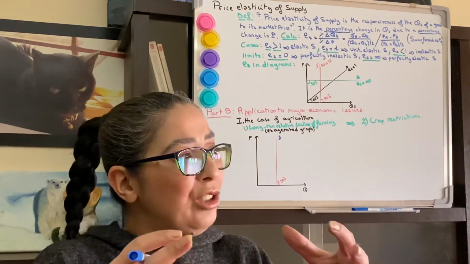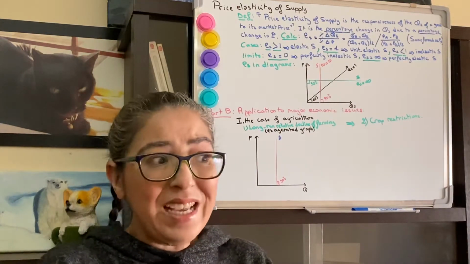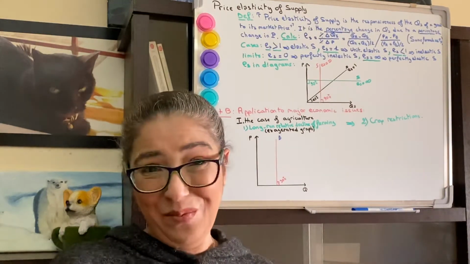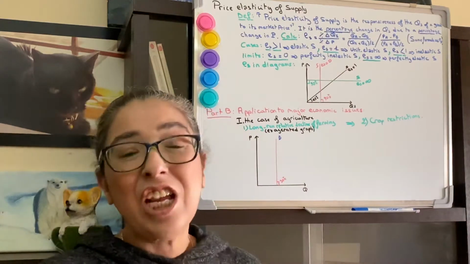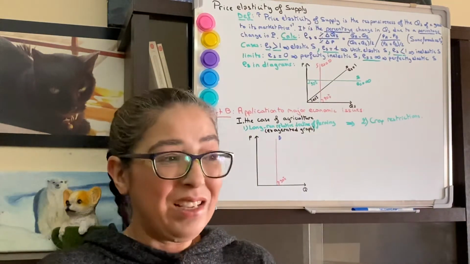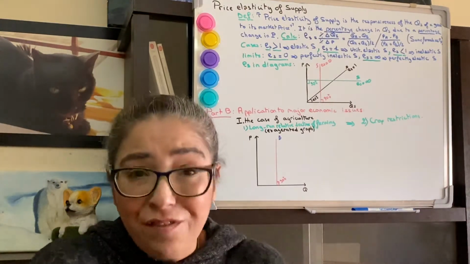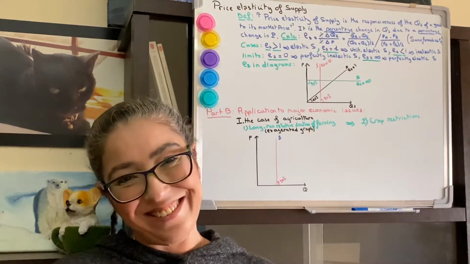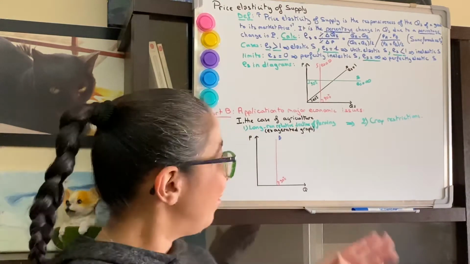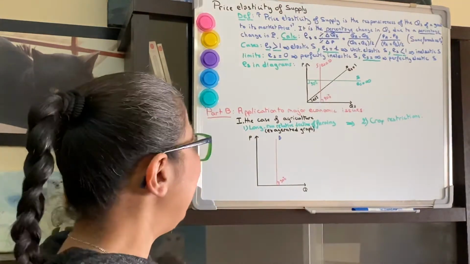So the wheat quantity demanded is still the same. It doesn't really change, because what we eat are necessity goods, and necessity goods by definition are inelastic goods. So I'm going to assume it's perfectly inelastic.